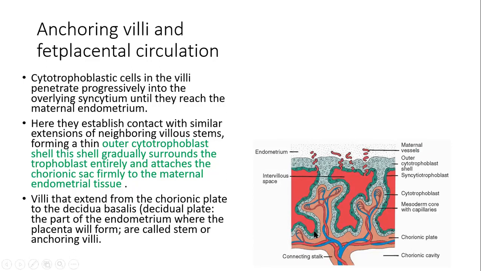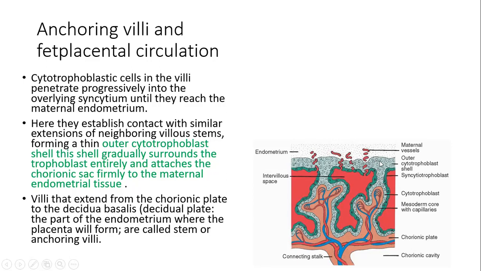The cytotrophoblastic cells from the inner core will start invading the endometrium progressively. The cytotrophoblastic cells in the villi will penetrate progressively into the overlying syncytium and reach the maternal endometrium. This is the cytotrophoblastic shell.